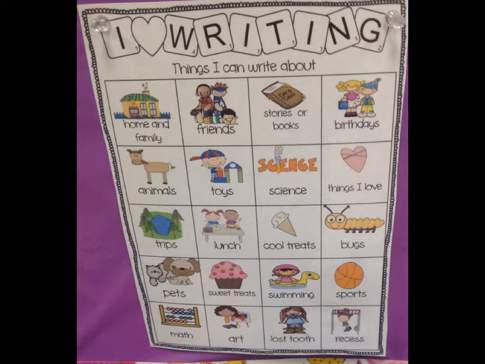So my expectations might be a little bit different. For some students, we might be working specifically on beginning and ending sounds in our words and spacing, where I have another student currently who we're working more with writing 5-sentence paragraphs that include an introduction, supporting sentences, and a conclusion.